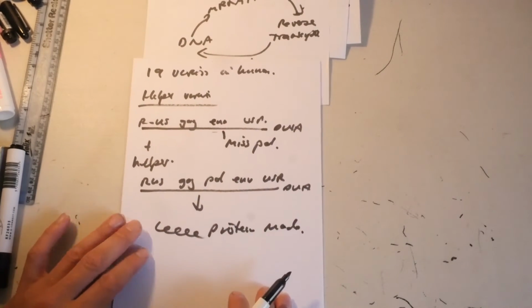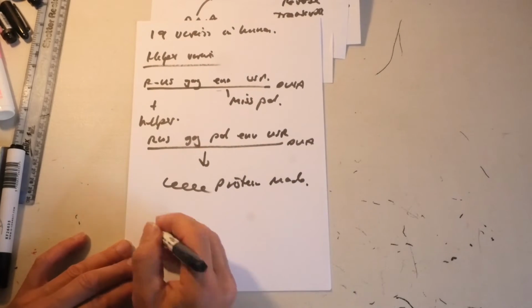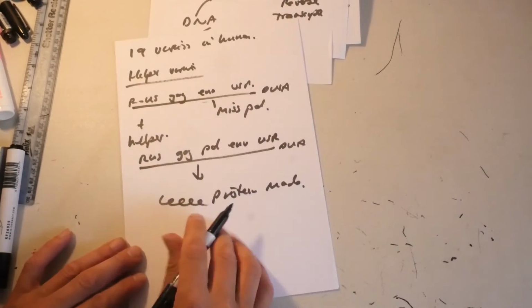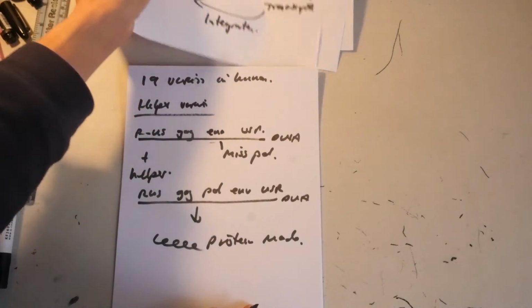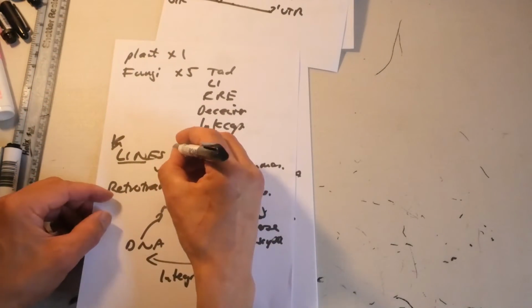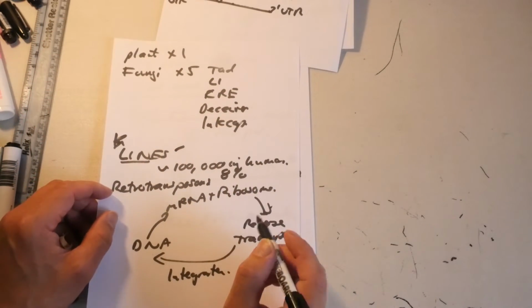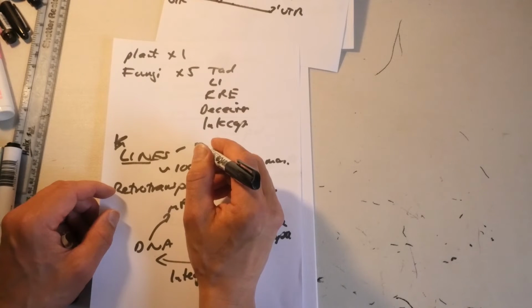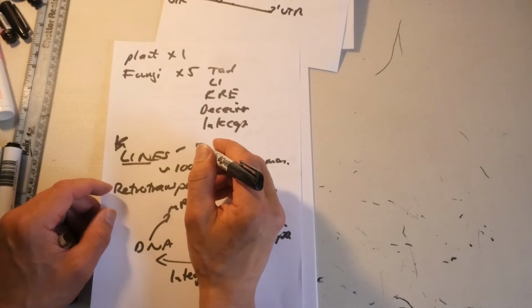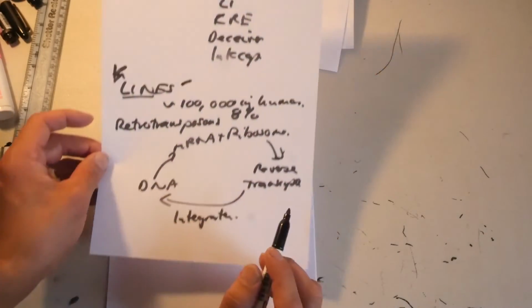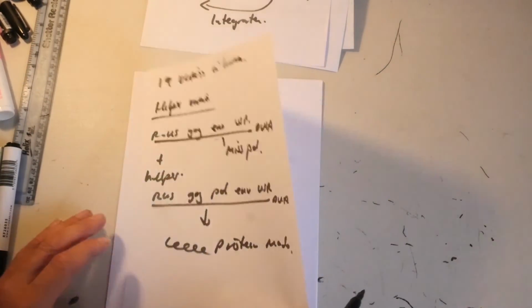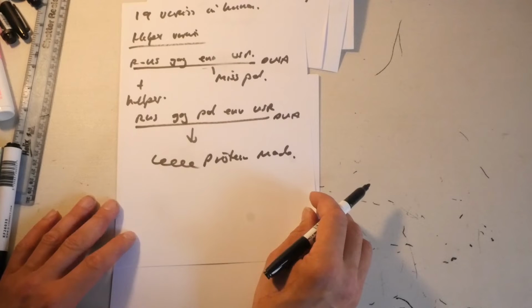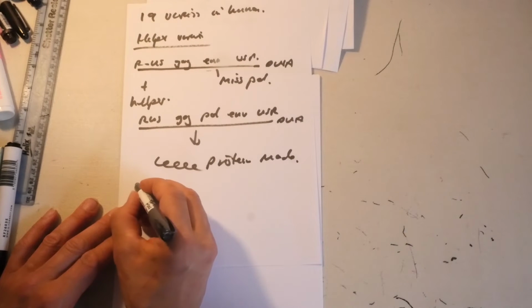In humans, about 100,000. I think it's been an estimate of roughly approximately 100,000. I mentioned SINEs.